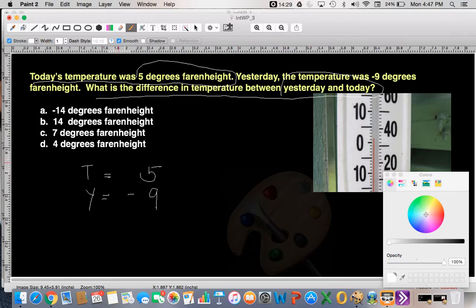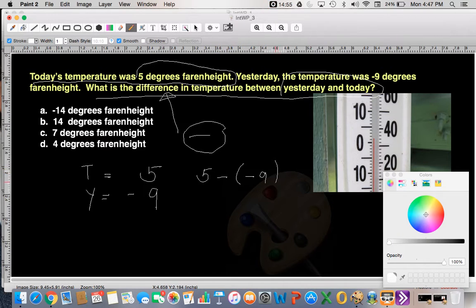Okay, so this is a very easy problem. So here you're going to talk about the difference, and you know that the difference is subtraction. So you're going to subtract 5 minus negative 9.